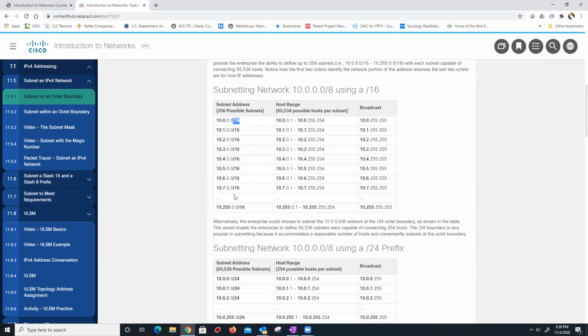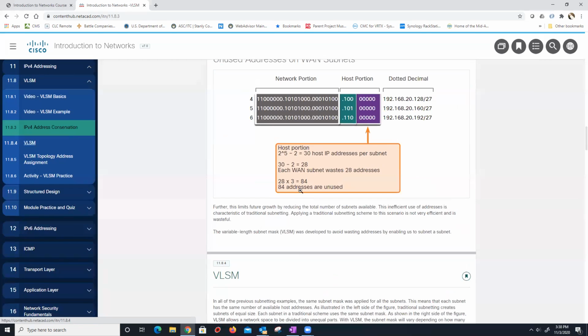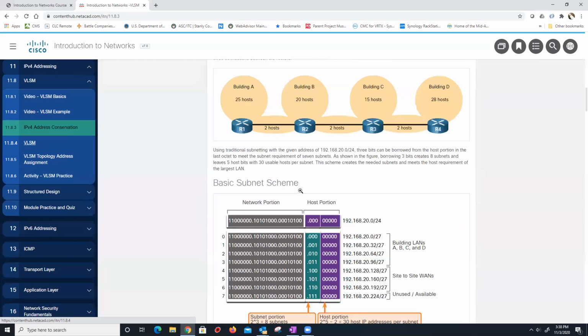So we've got all these 256 possible subnets, each one of them with 65,534 hosts. That, however, is not extremely useful out in the real world, because there we're going to want to make our subnets meet the needs of our networks.